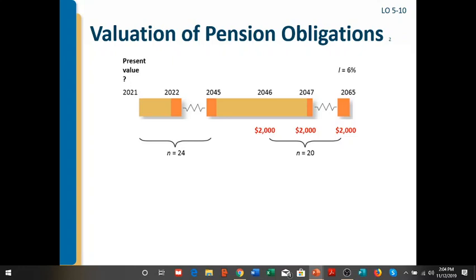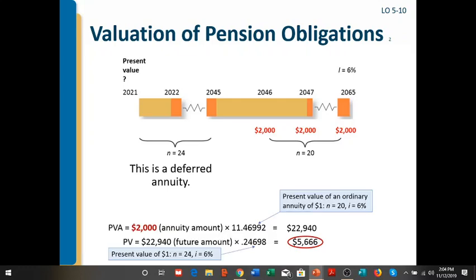So you look under 6% in 20 years, and you find the number 11.46992.